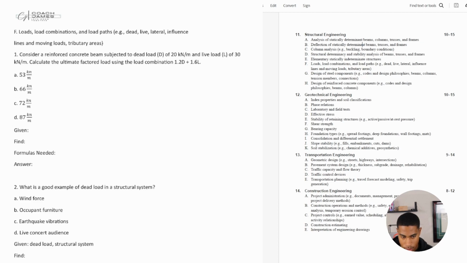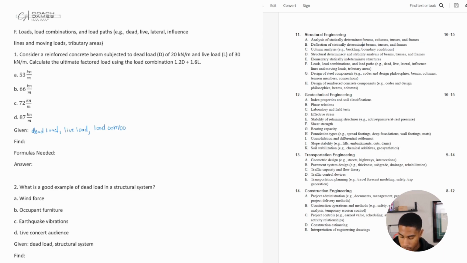Okay. So start out by writing out what we're given. We are given dead load. We're also given live load. And we are given the load combo that we need to use.